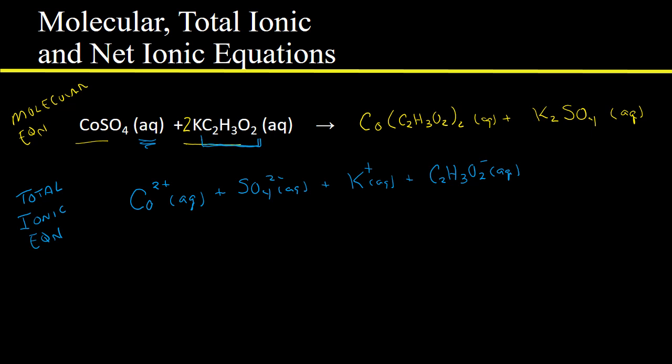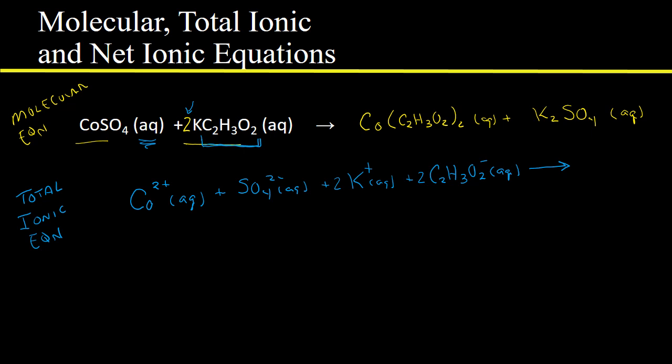And then we need to remember our balancing. There are 2 moles of potassium acetate, so that's going to give us 2 of those and 2 of those. And I'm running out of room, so I'm going to continue this on the next line.